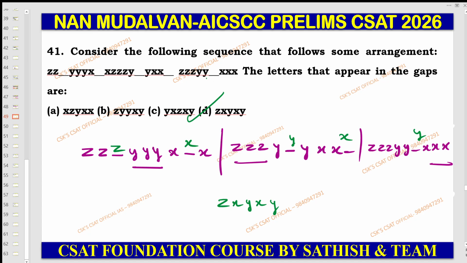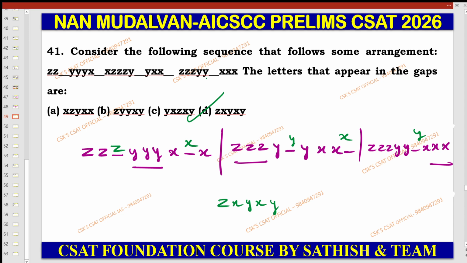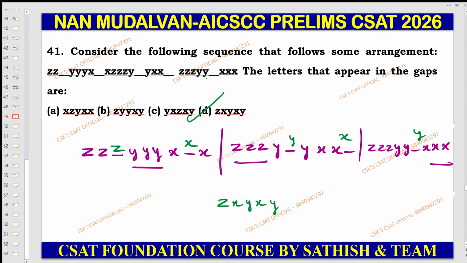Or else even if you split up as 3 3 3 also, you can see some pattern here. Z y y y x x x. Z y y y x x x.